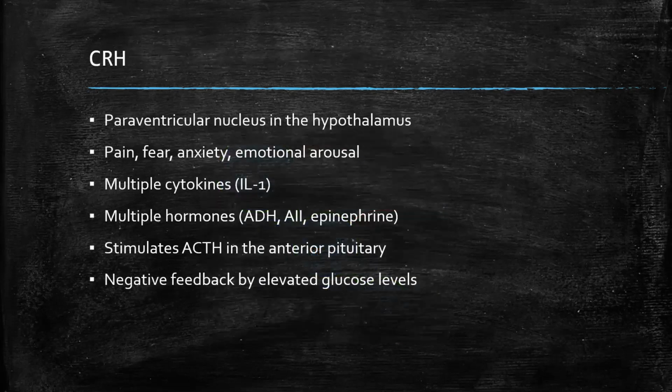And so once the appropriate inputs are received in the hypothalamus, of which there can be many, as we've just talked about, the hypothalamus will secrete corticotropin-releasing hormone, which makes its way to the anterior pituitary through that portal system and causes stimulation and secretion of ACTH. This system is regulated by glucose levels. So high glucose levels will shut this system down.